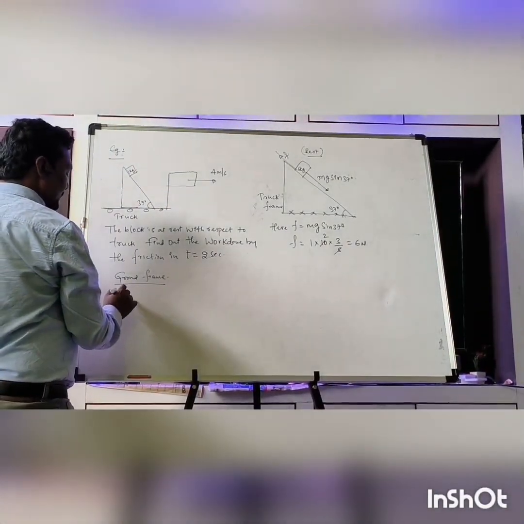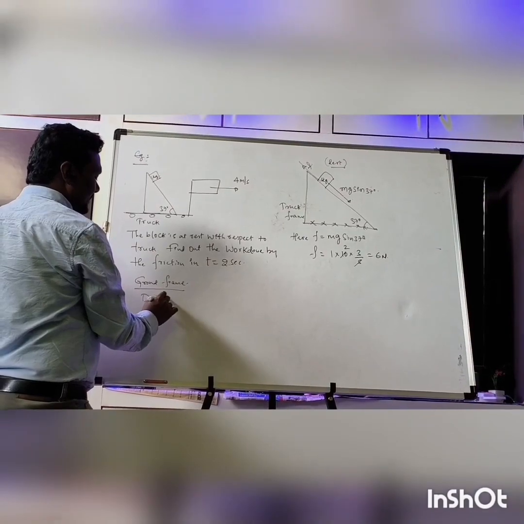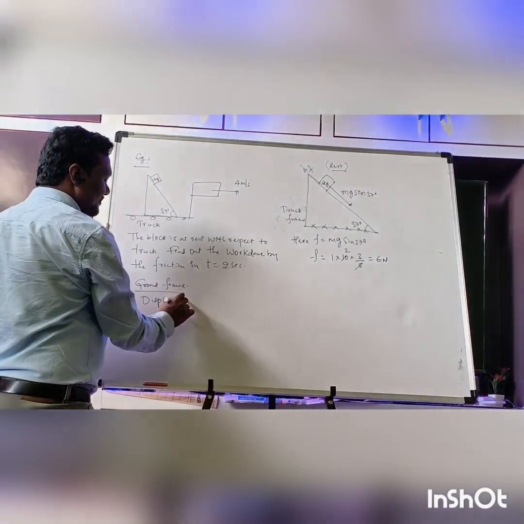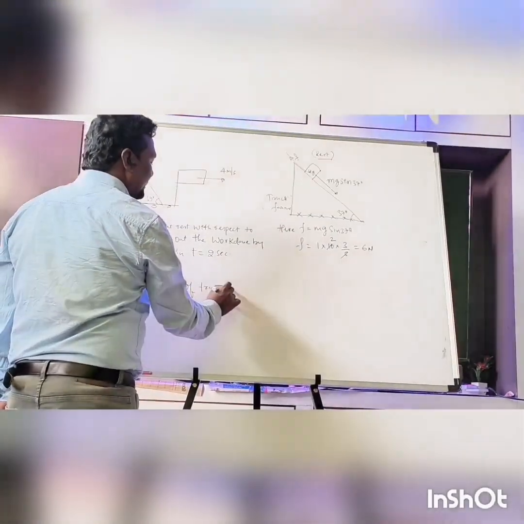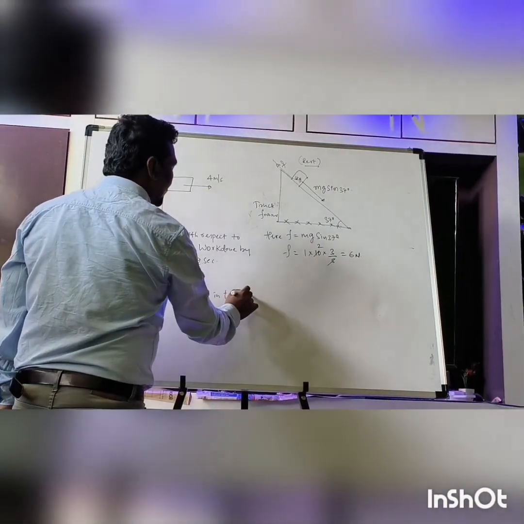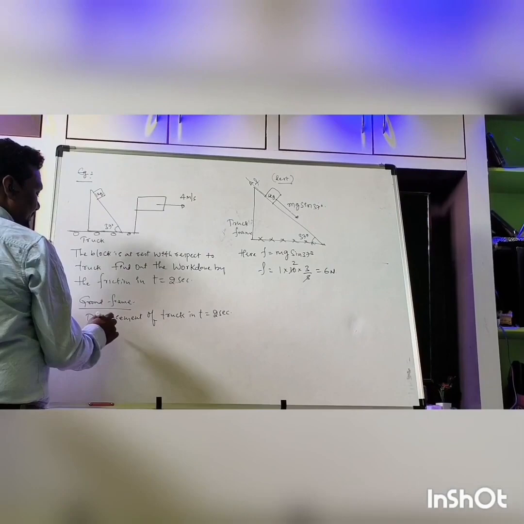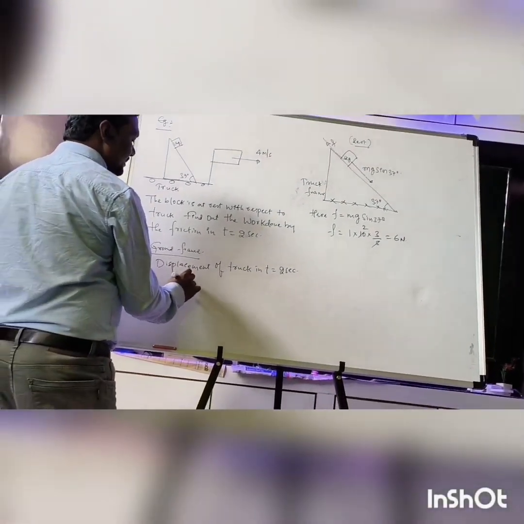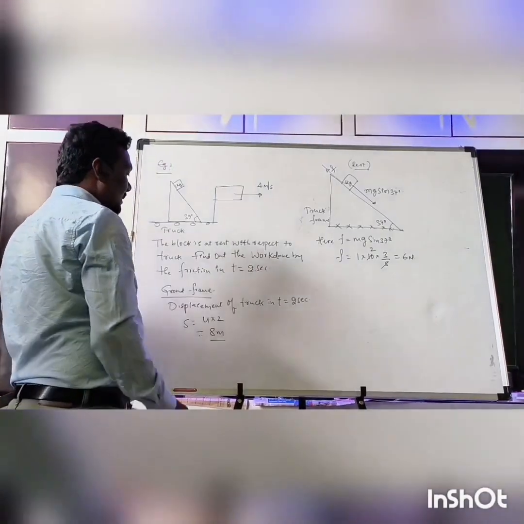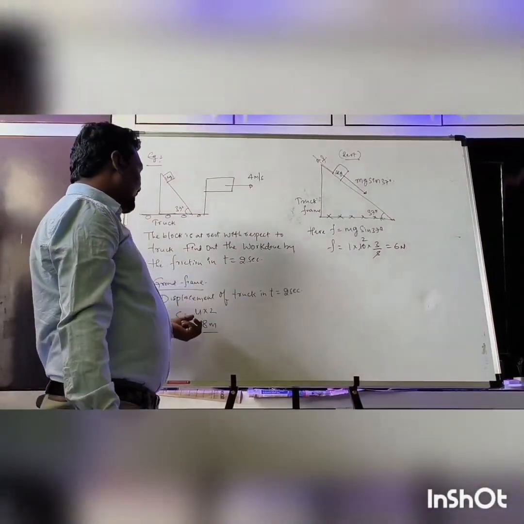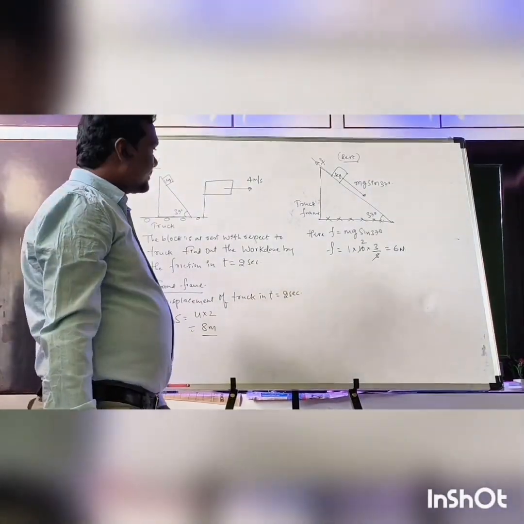What is the displacement of the truck in t equal to 2 seconds? That is 4 into 2, which is equal to 8 meters.